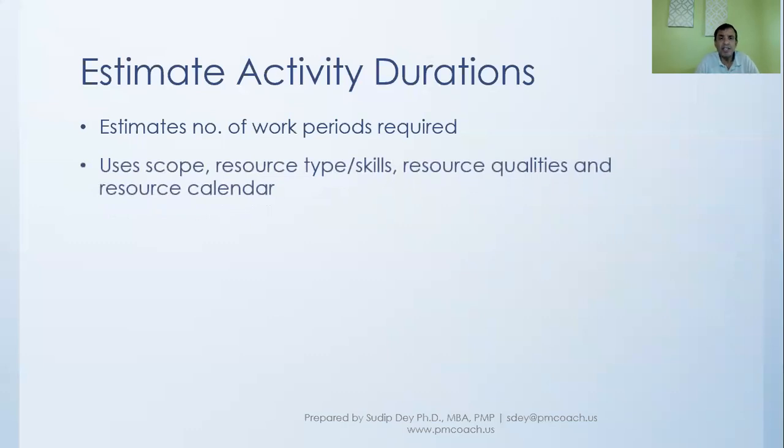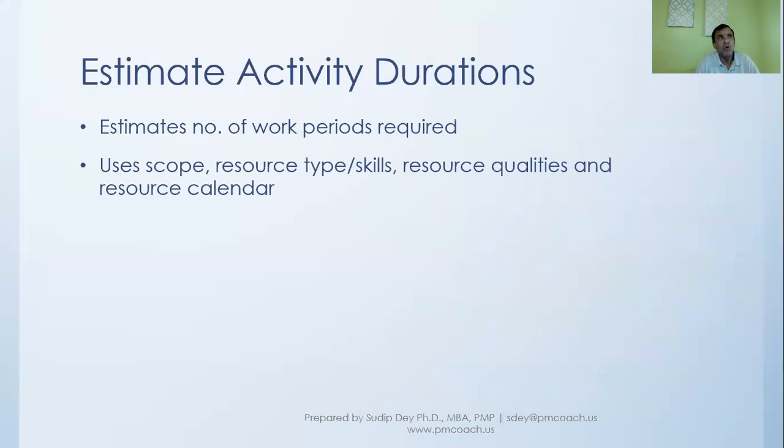There are several things that will come into play when we estimate durations. We look at the scope, and that is something that we have determined. We'll also look at what kind of resource we're using, what skills the resource has, what the quality of the resource is, and also the resource calendar.